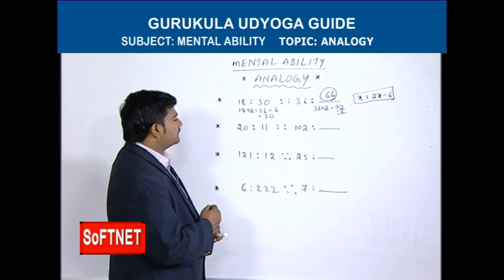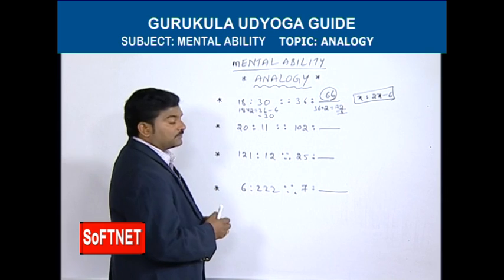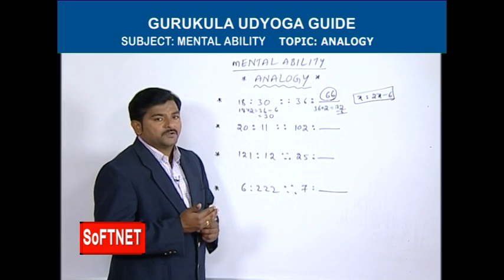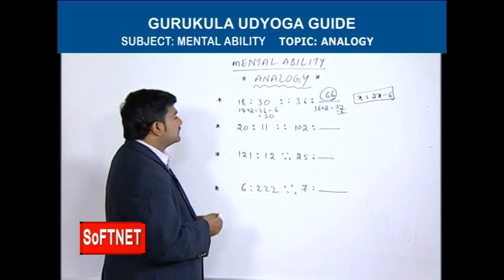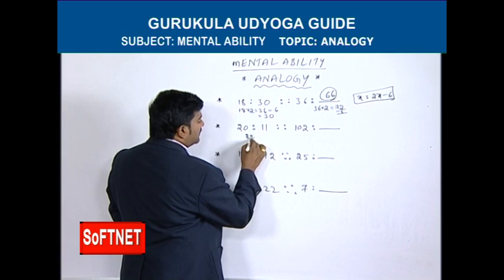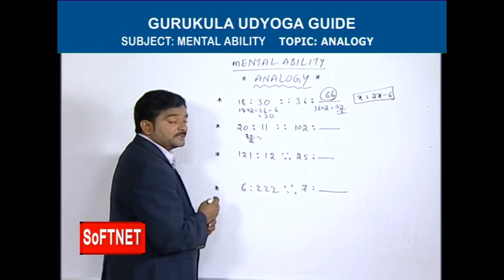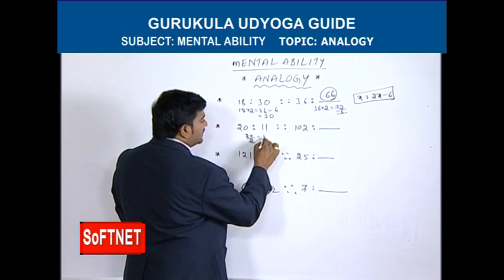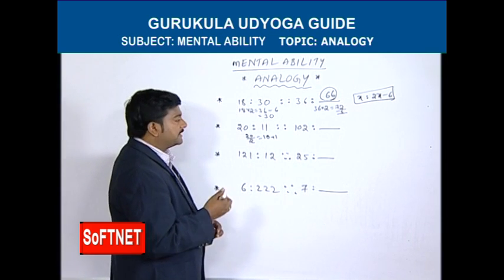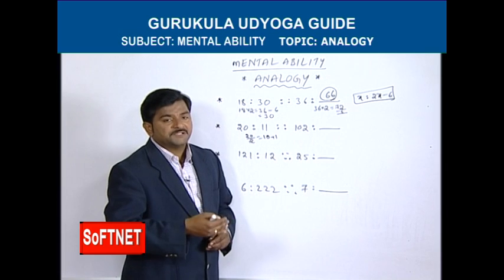Now see, focus on this. Similarly, 20:11 is as 102 is to dash. Here 20:11 means, if 20 is divided by 2, what am I getting? 10. But how much is given there? 11. So what does it mean indirectly? By 2 plus 1 concept.